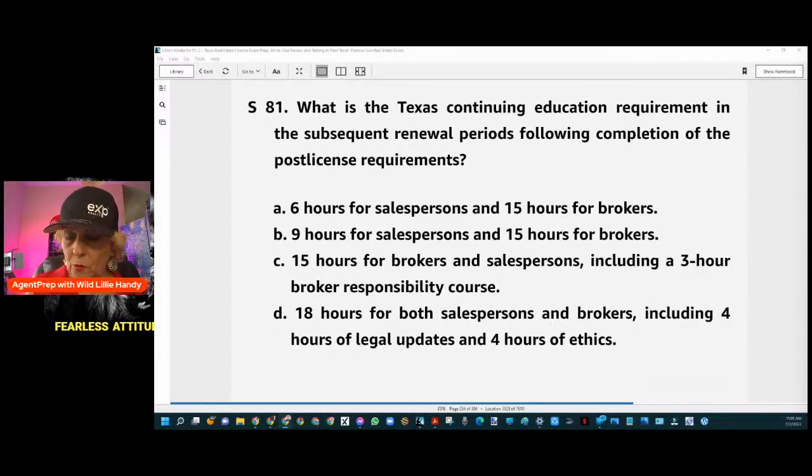So number 81, right? Everybody takes the same amount, broker and realtor, sales agent.